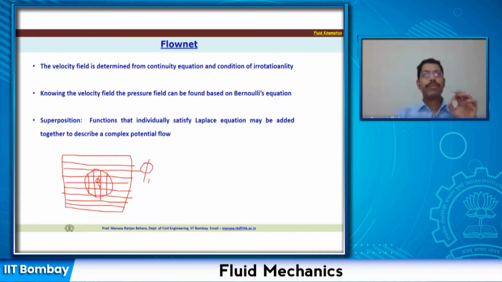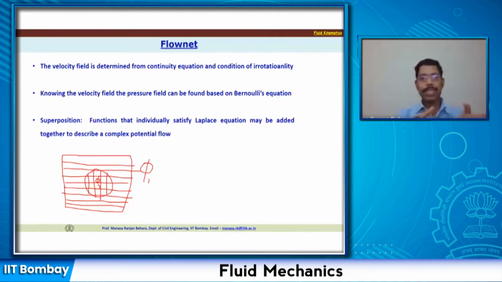If I take phi1 minus phi2, basically I am subtracting the island, so my island is not there. If I use phi1 minus phi2 and solve, that gives me the solution for the flow domain. So that is the advantage.